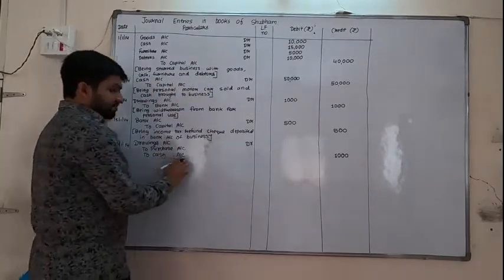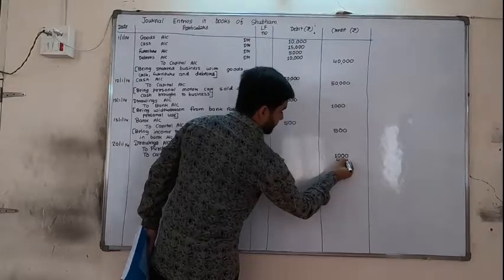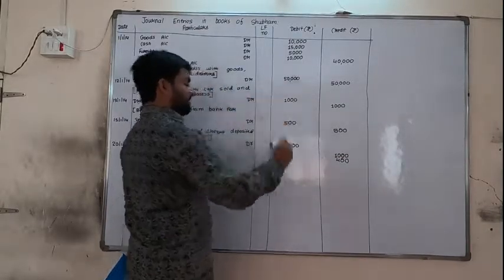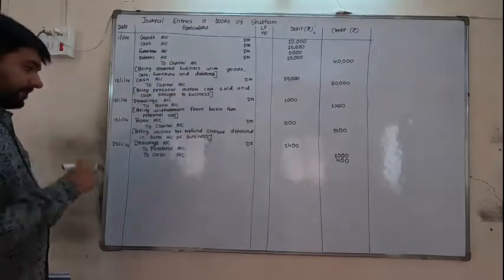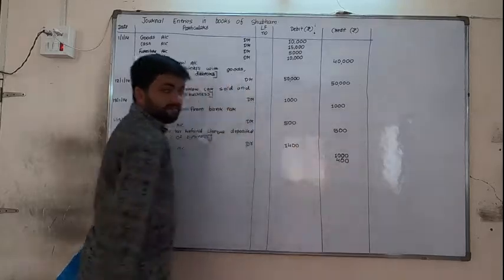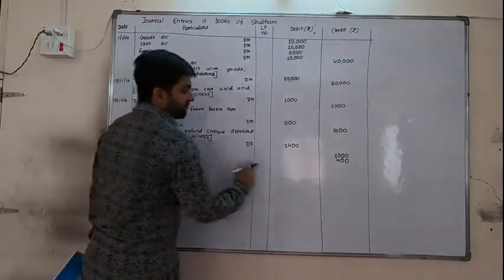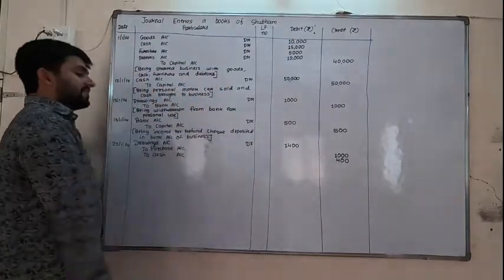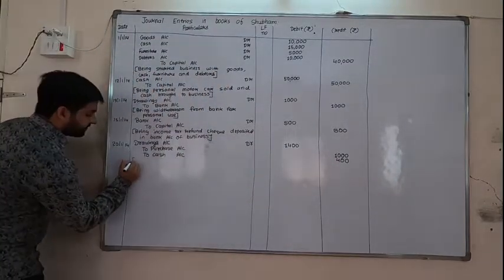We are withdrawing cash of 400, so cash 400. Now make the total, we are withdrawing 1400 from the business. Okay, do it in such a way. We are withdrawing goods of 1000, so in the line of purchase 1000. We are withdrawing cash of 400, so cash 400. Now 1000 plus 400 on the debit side of drawings, 1400.